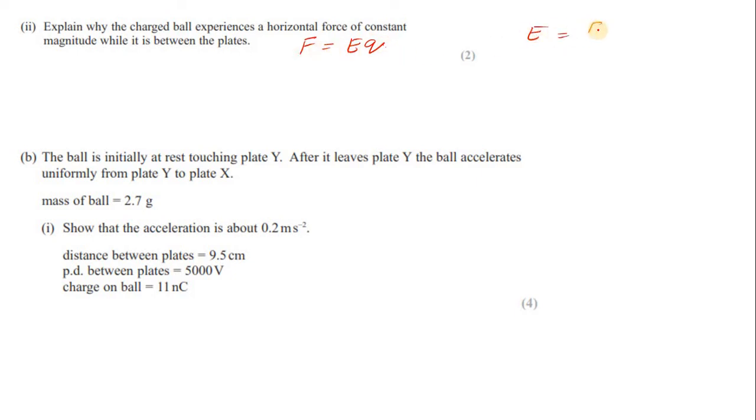E is equal to force per unit charge. So force acting is F is equal to EQ. You know that in the previous part it is said that the E is constant, uniform, and charge given to the ball, once it receives a charge, it will also be a constant charge. So that's why the force is constant.